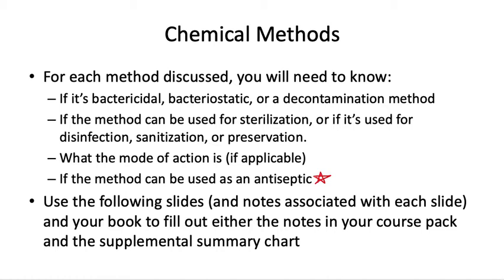Think about things that you use as antiseptics, things like iodine, peroxide, alcohols, things like bleach, no. So use a little bit of common sense and think about what you use in your household when it comes to what can be used as an antiseptic or not. As you go through the slides, fill out the notes in your course pack, and then either during the lecture or at the end, fill out the chemical methods in your supplemental summary chart.